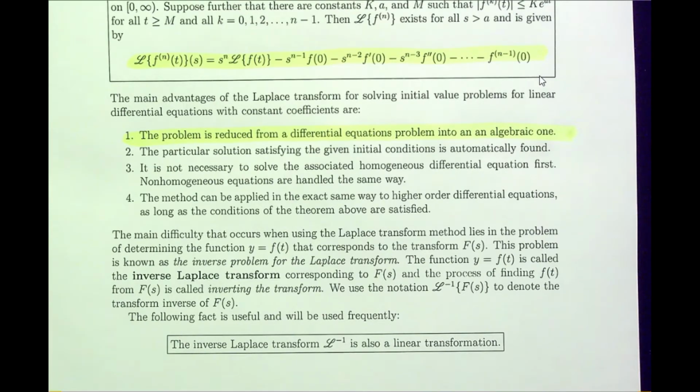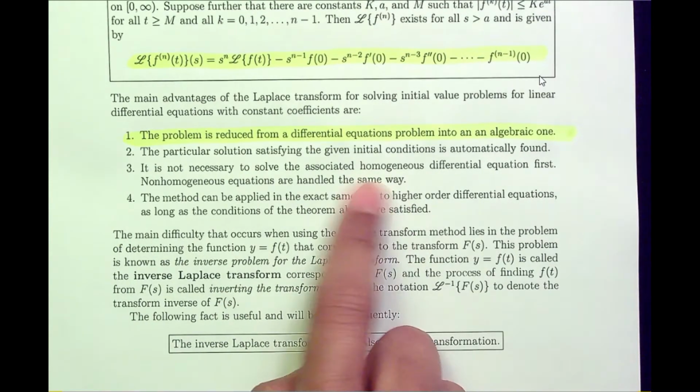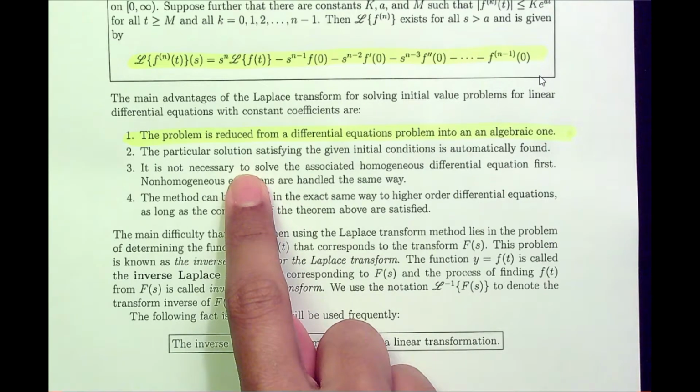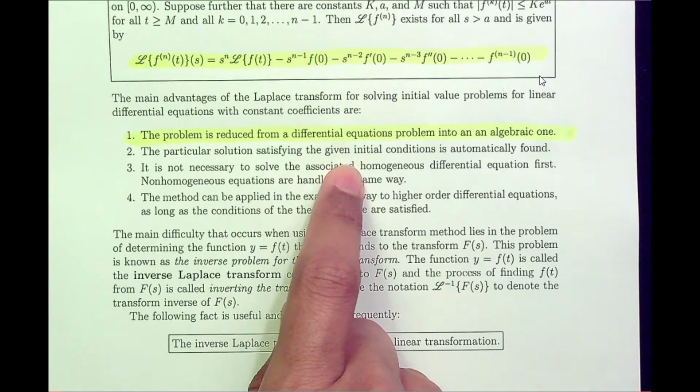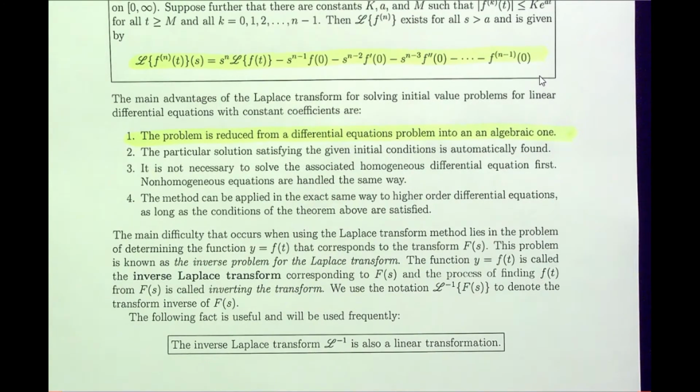So that's good news. Another advantage is that the particular solution satisfying the given initial conditions is automatically found at once. You don't have to find the general solution with C1, C2, C3 in there, and then start plugging in so you can find C1 and C2 and C3 and get a system of equations and try to solve that.